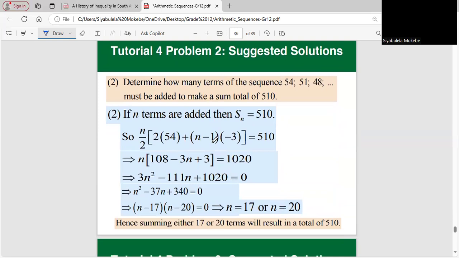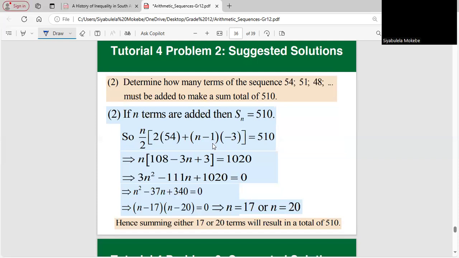Then for number 2, determine how many terms of the sequence must be added to make a sum total of 510. In this case, you are given S of n, S of n is 510, so you're trying to solve for n.